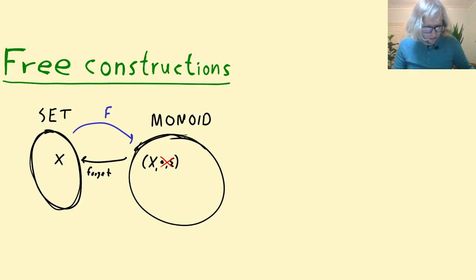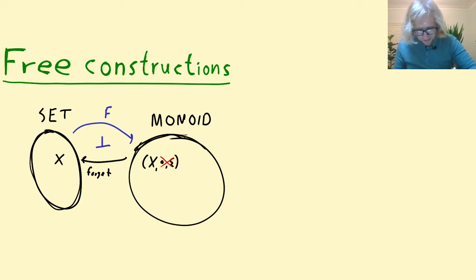So in some sense, it should be the smallest monoid that contains x, right? And you could try to formulate this naively, but a very nice way to do it is to say that this should be the left adjoint of the forgetful functor. So let's see why that is the case.